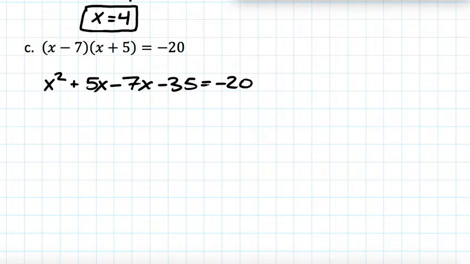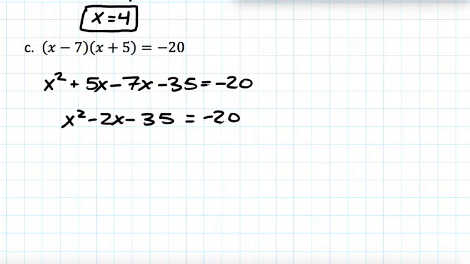I'm going to combine my like terms. That's x squared minus 2x minus 35. Now I need to add 20 to both sides to get 0 on the right side.